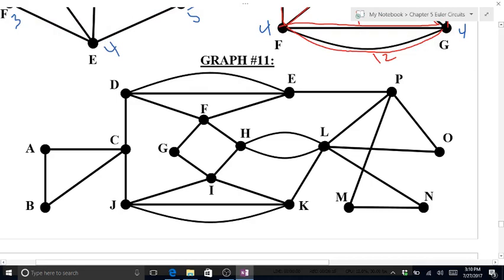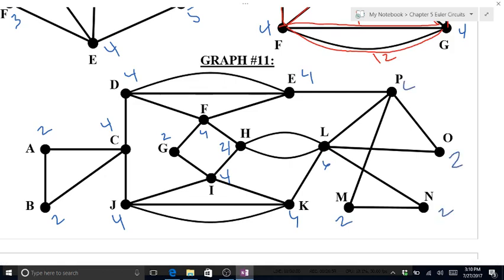Okay, so we've got a degree of 2, 2, 4, 4, 4, F is 4, G is 2, H, 2, 3, 4, I is 4, J is 4, K is 4, L is 1, 2, 3, 4, 5, 6, M is 2, N is 2, O is 2, and P is 4. This is a circuit.